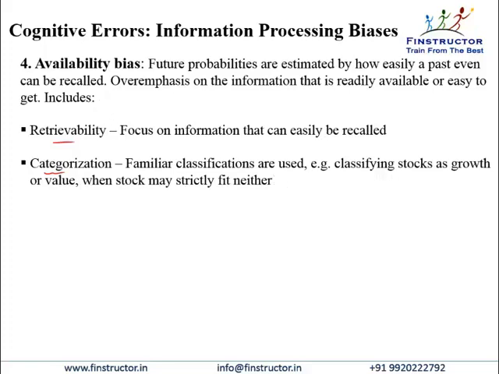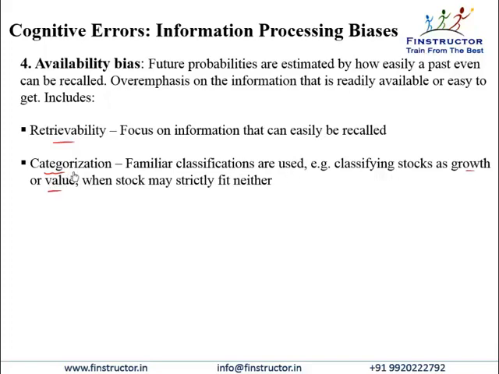so because we like trading on available information and that is easier for us to analyze, we try to categorize information into familiar classifications. So we have one particular way of analyzing growth stocks and one particular method of analyzing value stocks.